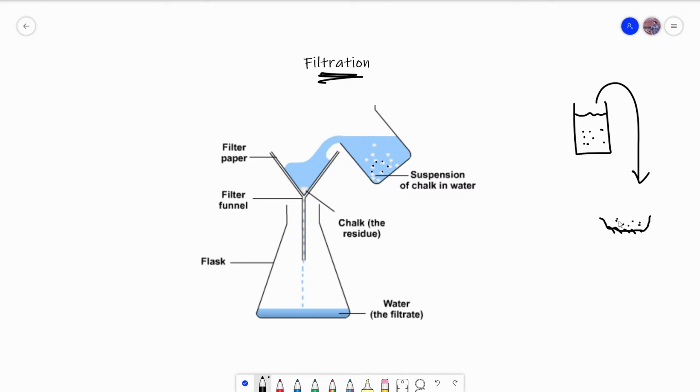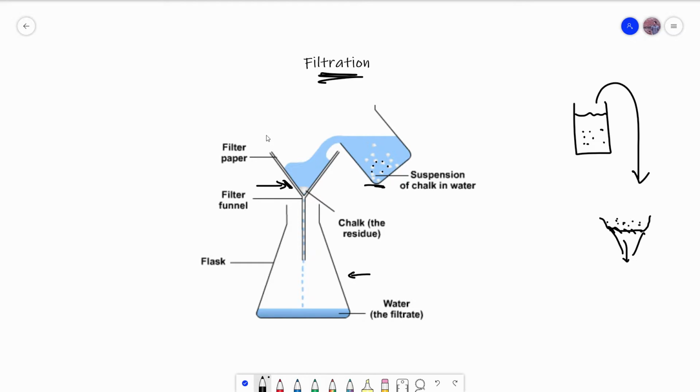If you look at the diagram here, you've got a couple of things. You've got a beaker, you've got a filter funnel, which is basically this Y-shaped thing you see here, and you've got a conical flask, which is where your filtrate is going to collect.